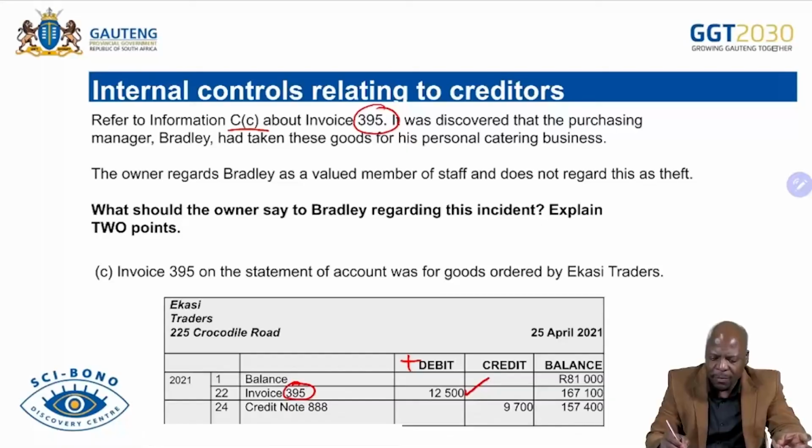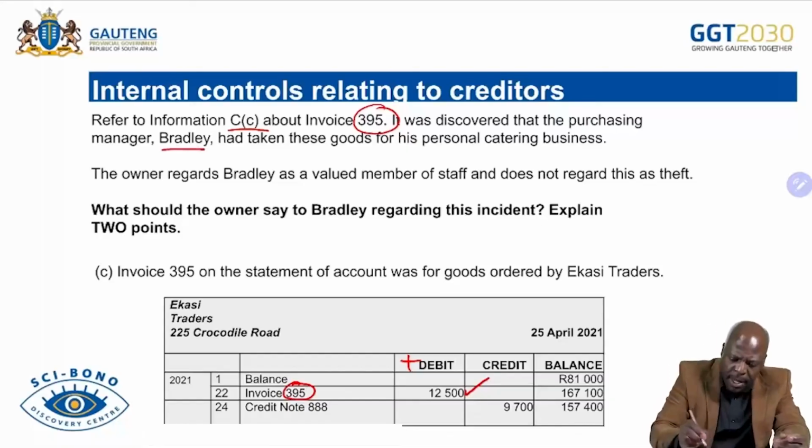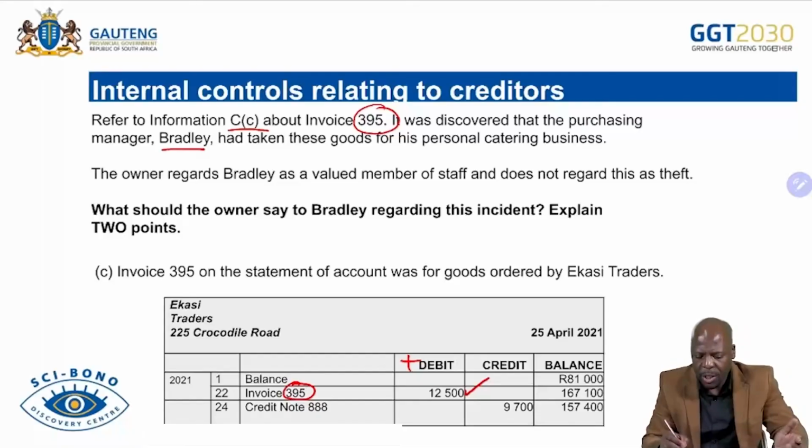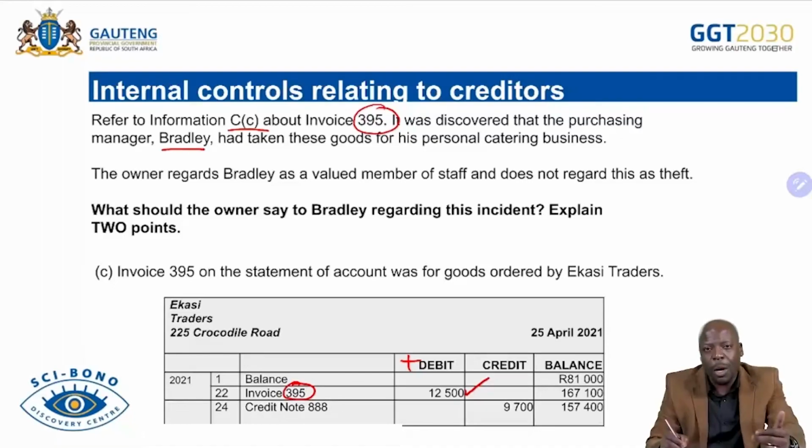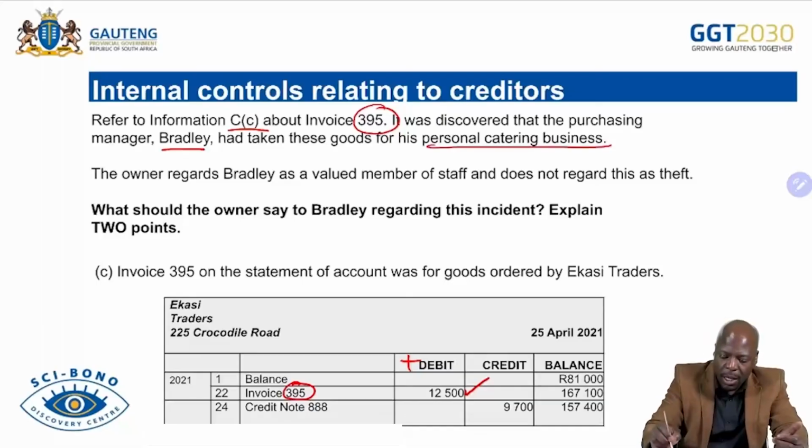It was discovered that the purchasing manager, Bradley, had taken these goods for his personal catering business. So these goods did not come to our business, but they went to Bradley, who ordered these goods for his personal catering business.